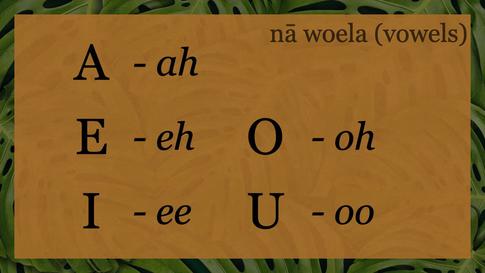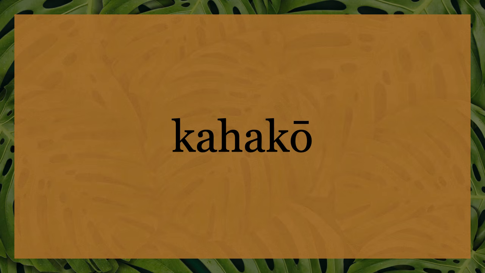Now I'm sure some of you have been thinking, wait a minute, I've seen some Hawaiian words with a line over the vowel. Well, that is known as the kahakō. And when a kahakō is over a vowel, what it's doing is lengthening the sound. So instead of a, you have ā.